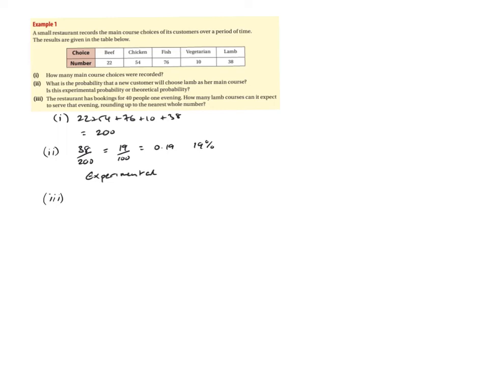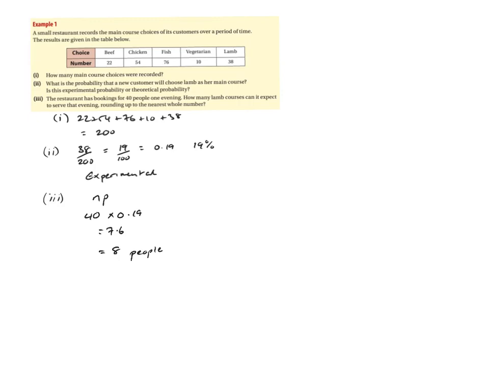So remember what we said, it was n by p. np is equal to the number, which is 40, times the probability, which is 0.19. And then all you do is get your calculator out, and if you do that, it comes out to be 7.6. And of course, then we need to round it up because that's what it asks us to do. So 8 people expected out of 40 to go for the lamb dish.